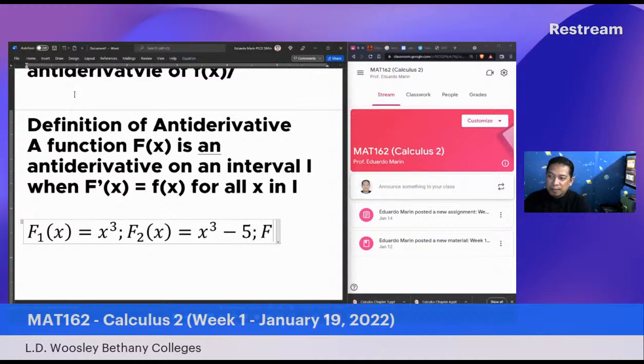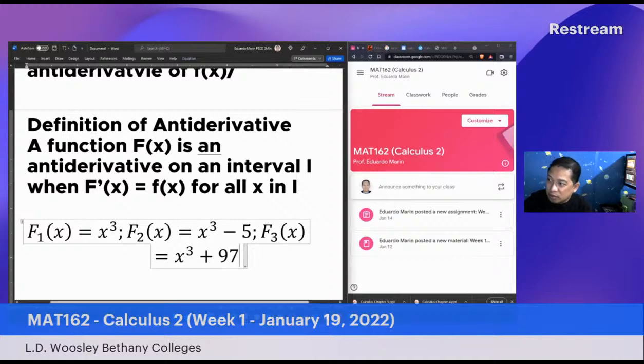And then another function, f of 3 of x, would be equal to, say, x cubed plus 97.